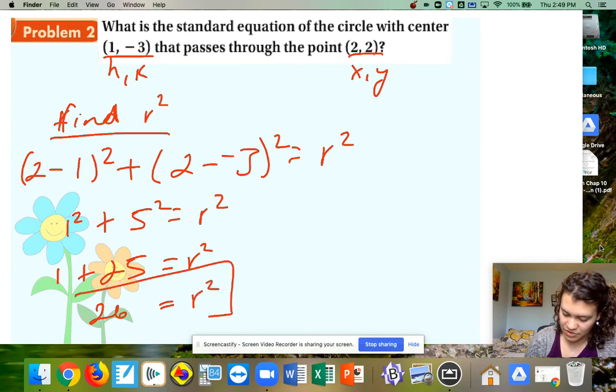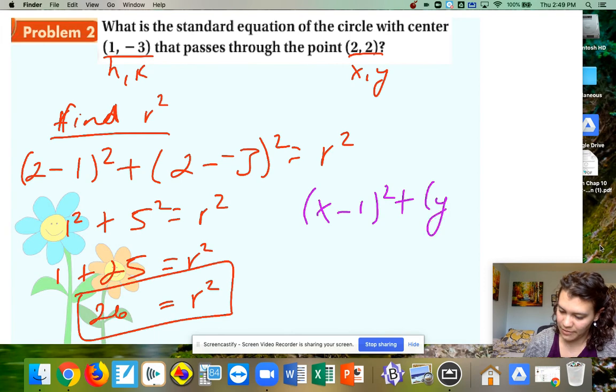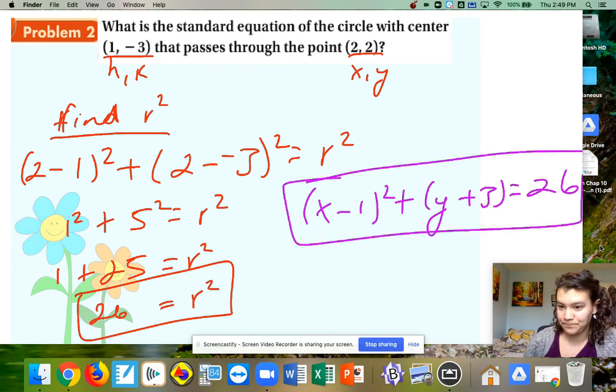So your r squared is 26. So then your equation, go back to having x in it, leave the 1, put the y back in, leave the 3, equals 26. And then the radius, if it asks for the radius, would be the square root of 26, whatever that is.